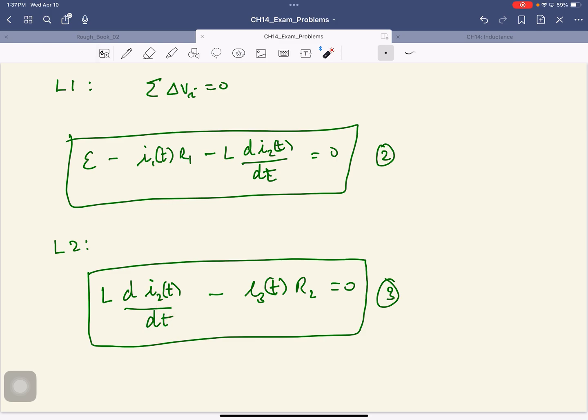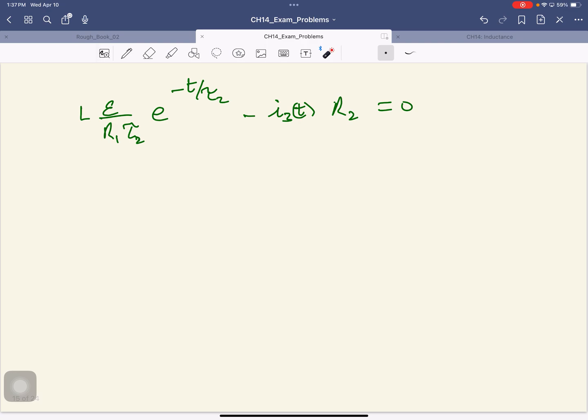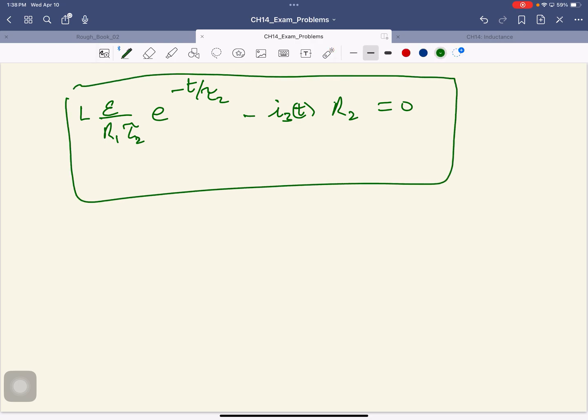Well, this does go to 0, this term goes to 0, and this term goes to 0, and that's fine.